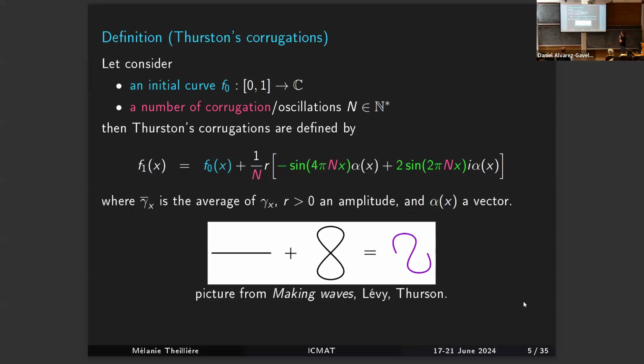For that, let's consider the deformation given by Thurston corrugation. We have an initial curve F0, and a number of corrugations, oscillations, n. Then Thurston defines the new curve F1 given by the initial curve plus a deformation.